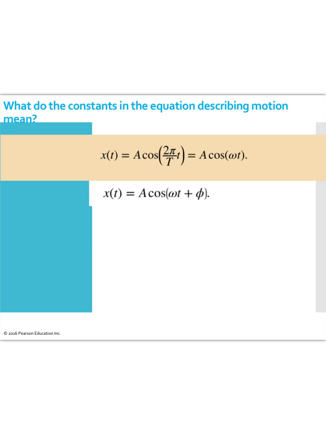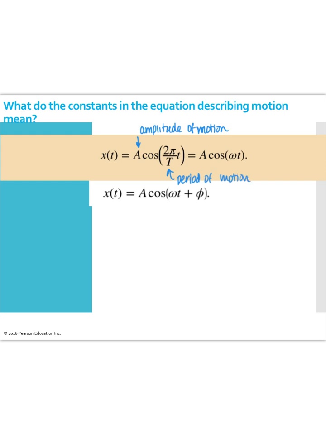And we're going to start to see some of these terms or these symbols or these new constants that I have to remember what they are. Remember, we've already talked about A was the amplitude of the motion. We've said T was the period of the motion. We might say omega.